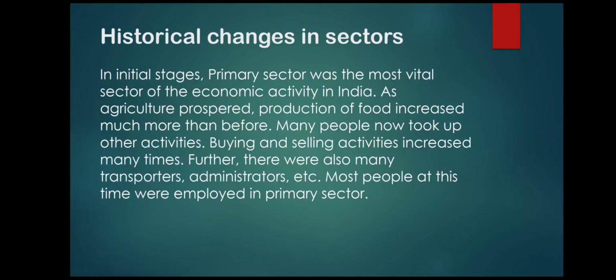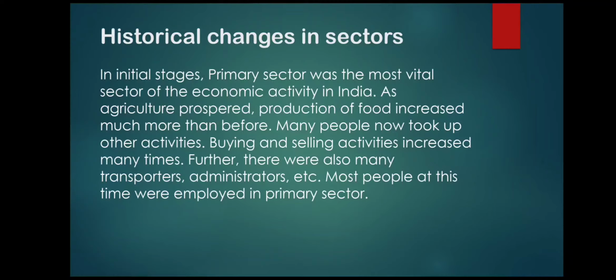So the next topic is historical changes in sectors. In the initial stages, the primary sector was the most vital sector of economic activity in India. As agriculture prospered, production of food increased much more than before.